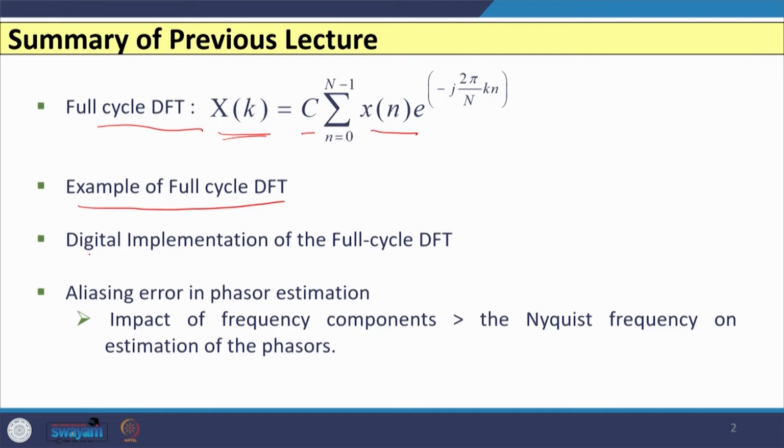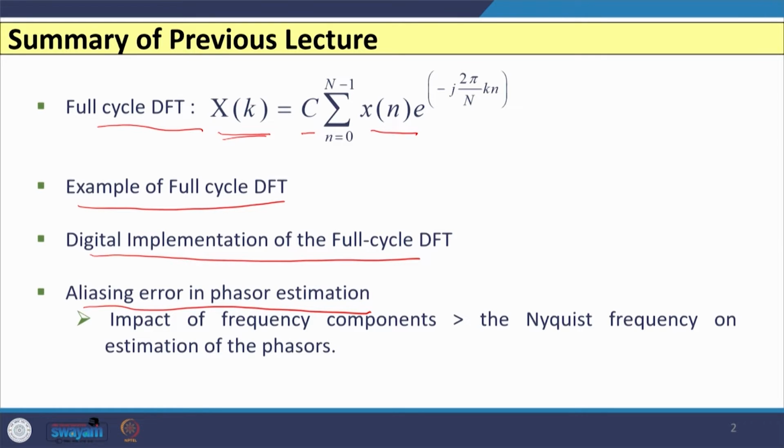Then we discussed how, if we wish to implement the full cycle DFT algorithm in code, we are going to utilize the different matrices and how we have to use a for loop or any other loop in the code. At last we discussed the important aspect of aliasing error, which occurs in phasor estimation, especially when the Nyquist criterion is not followed.